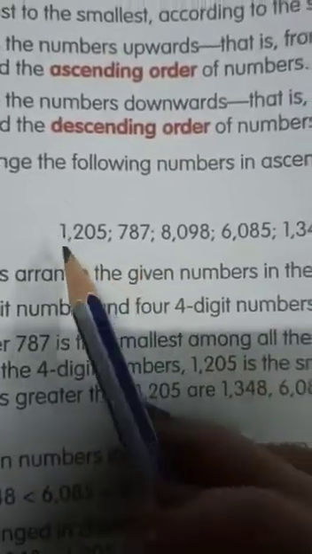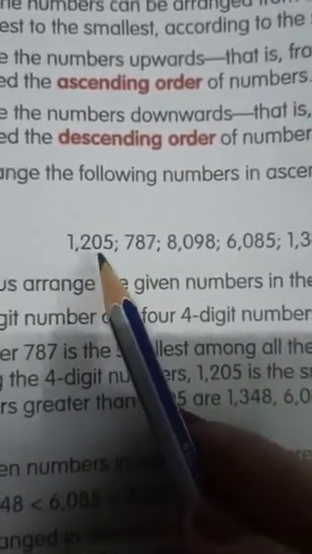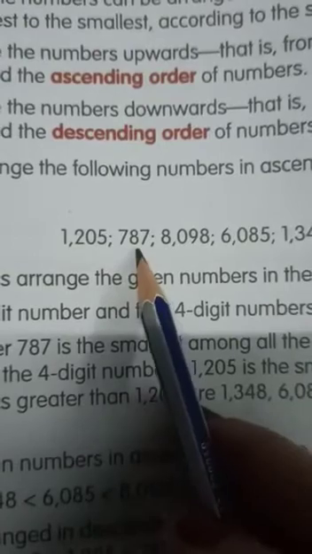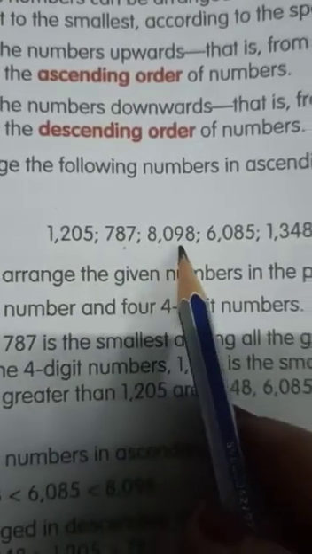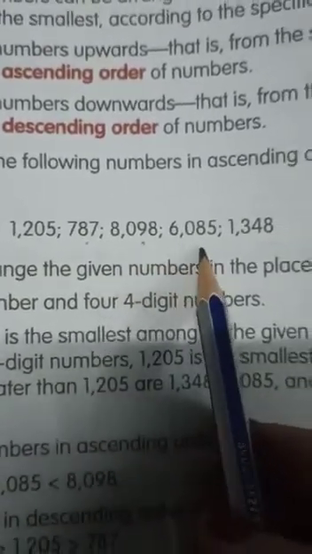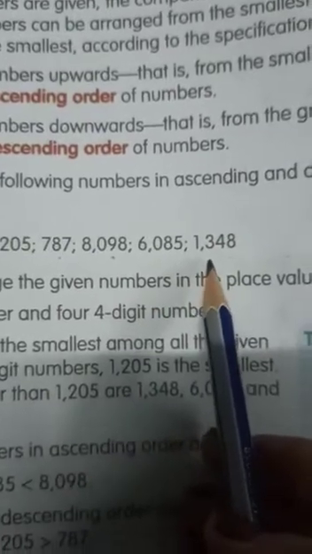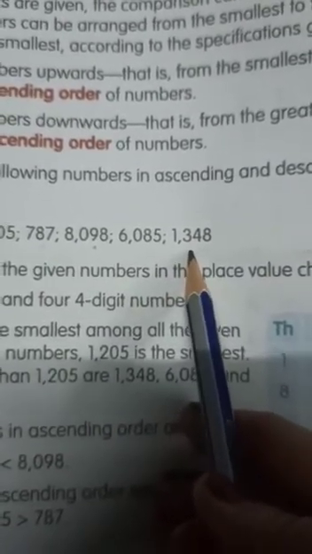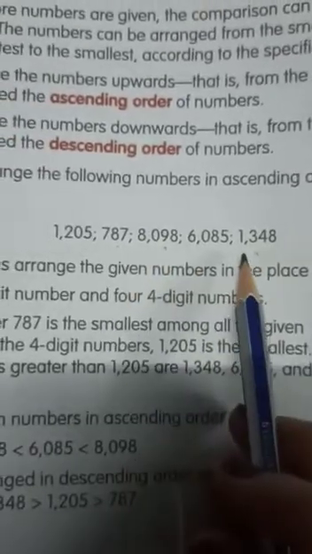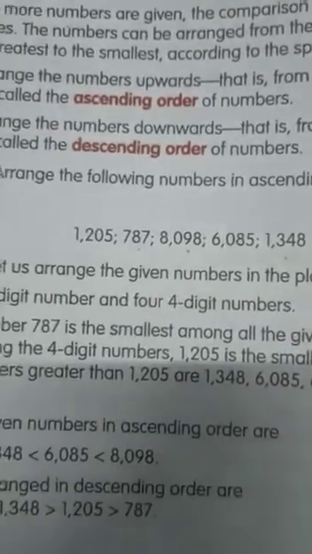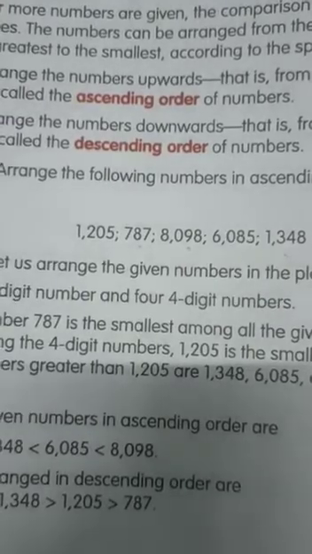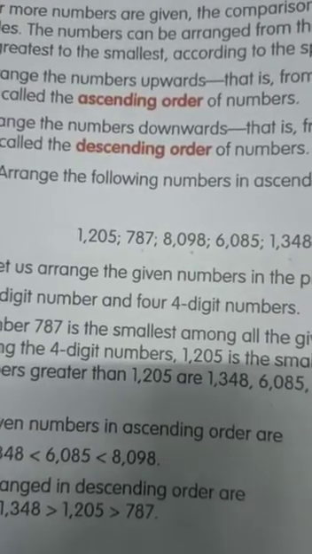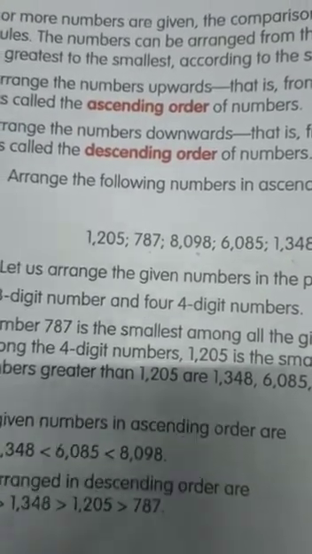Here the numbers are given as 1205, 787, 8098, 6085, 1348. Now let's arrange these numbers from bigger to smaller or smaller to bigger, that is ascending order or descending order.